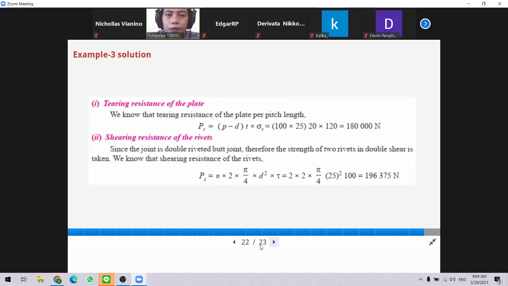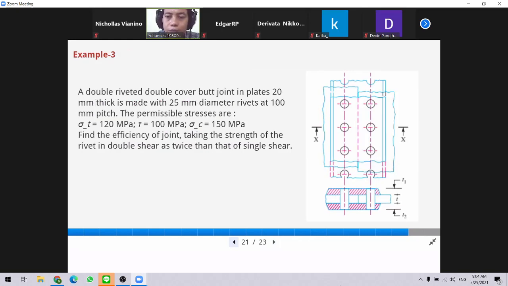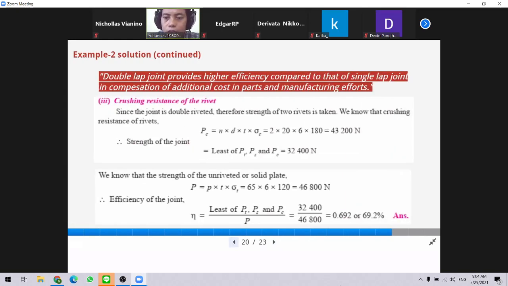So when we calculate this tearing resistance, there is no change in the formula, even though now we use double cover butt joint.